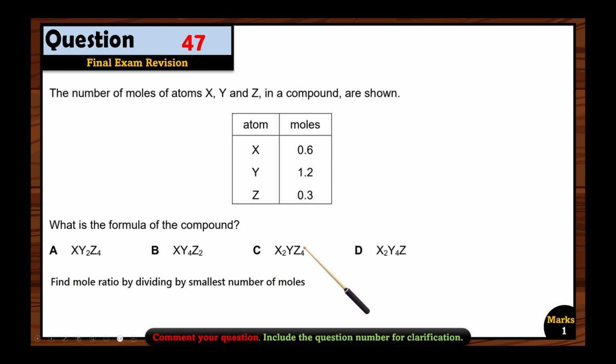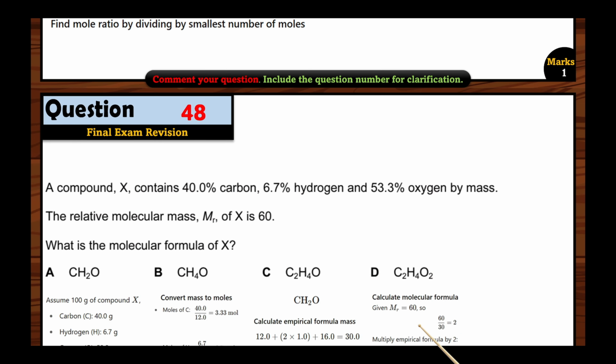So X should be 2, which means C or D can be right. Now let's see for Y. If you divide Y by 0.3, you will get 4, right? So Y should be 4. It means option D is the correct option. And if you divide 0.3 by 0.3, of course you will just get 1. So X2, Y4, Z1 is the right option, and that is option D.